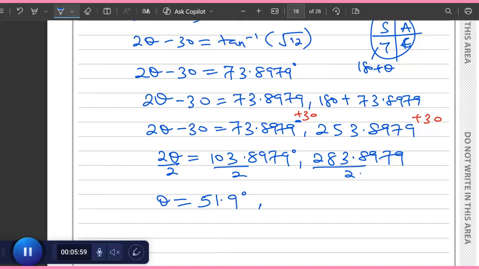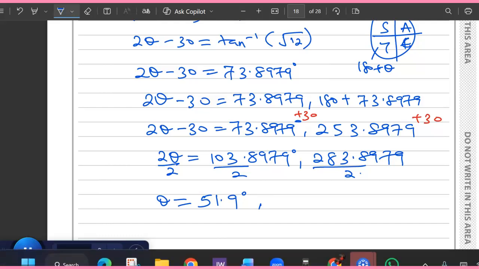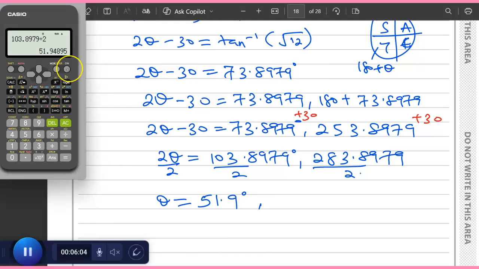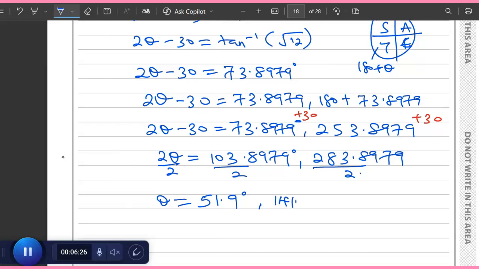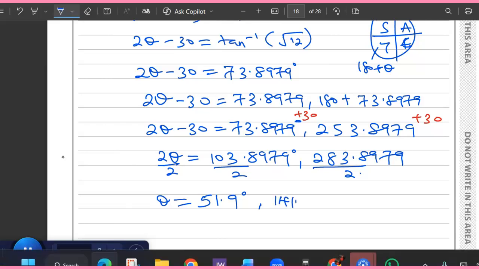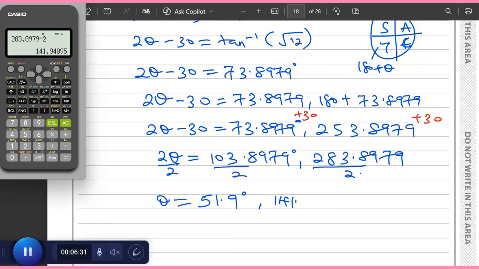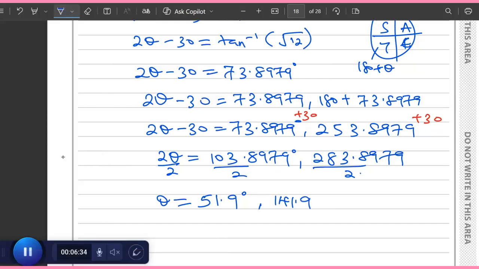On the second part, you can also get the calculator: 283.8979 divided by 2 gives you 141.94895, but we are required to give it to one decimal place, so therefore we'll have 141.9 degrees.